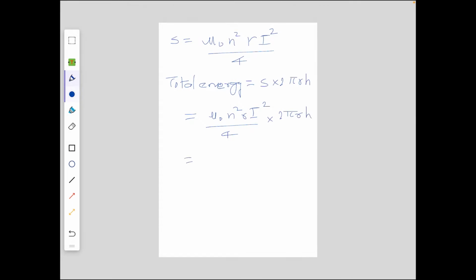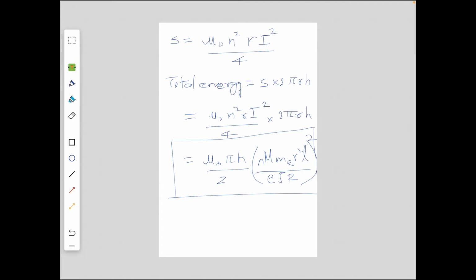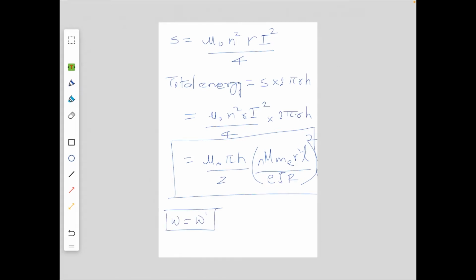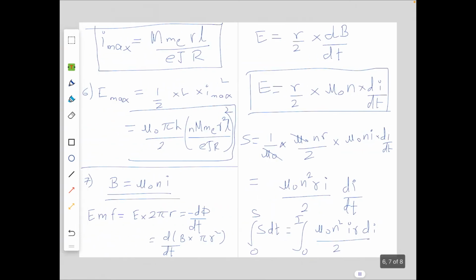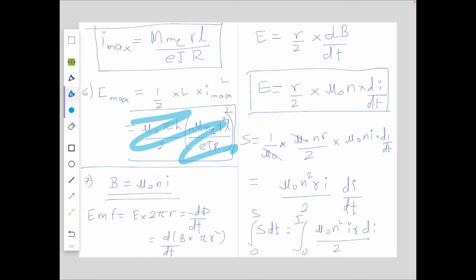This finally gives us mu naught pi h over 2 times n m m e r square L over E j r, whole squared. So this is the total energy transferred while increasing, and obviously this will be equal to W, because we can observe that the total energy which has entered the system while increasing is exactly equal to the maximum energy being stored.